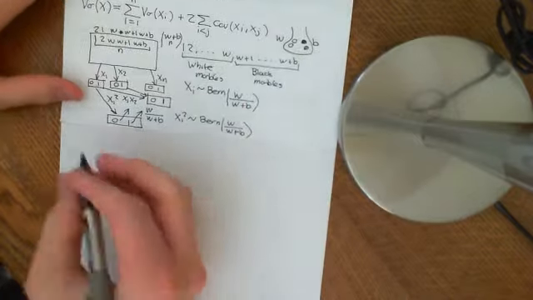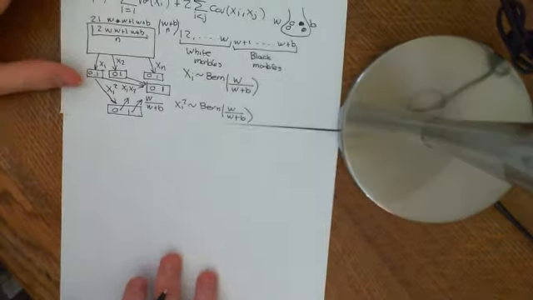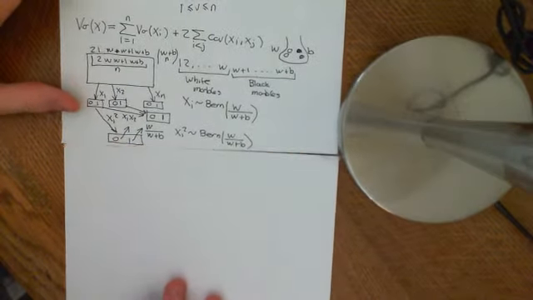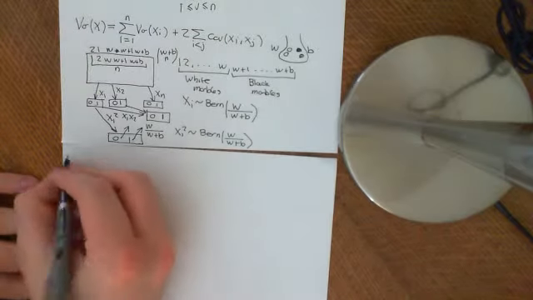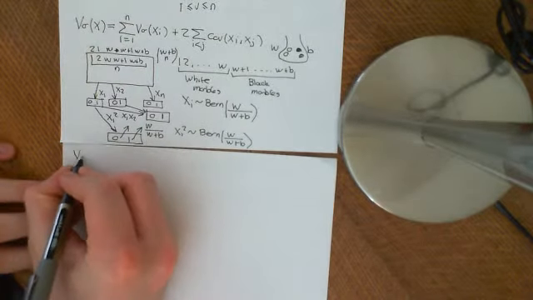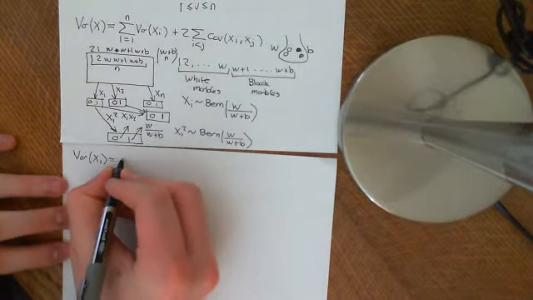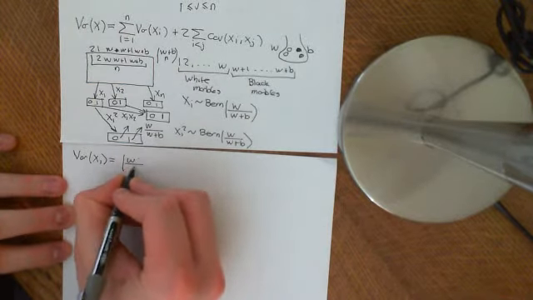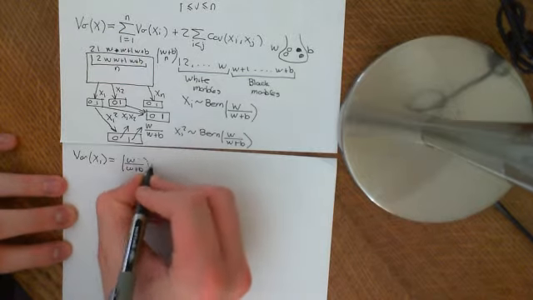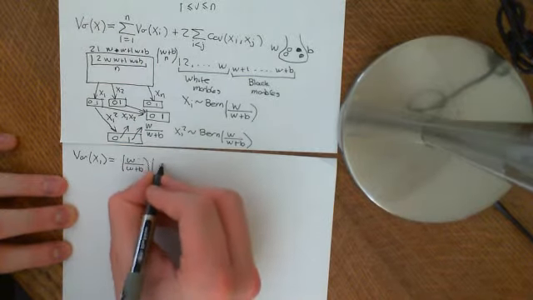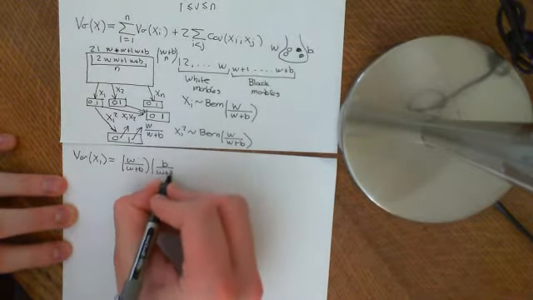So basically we get that, therefore, the two things we've worked out are that the variance of a random variable x_i is equal to w over w plus b times b over w plus b, I believe. Let me just check that was what we got.